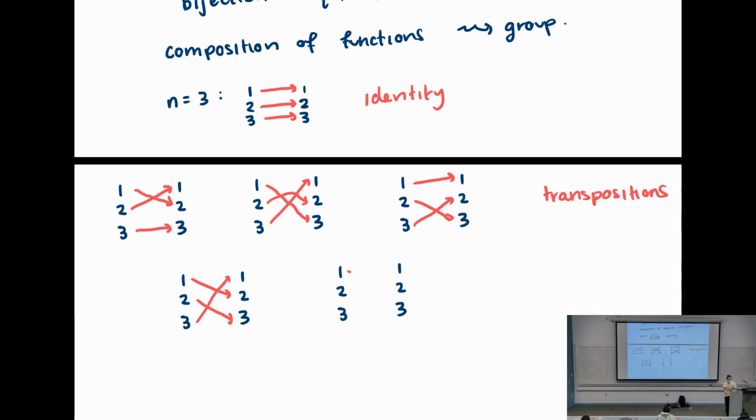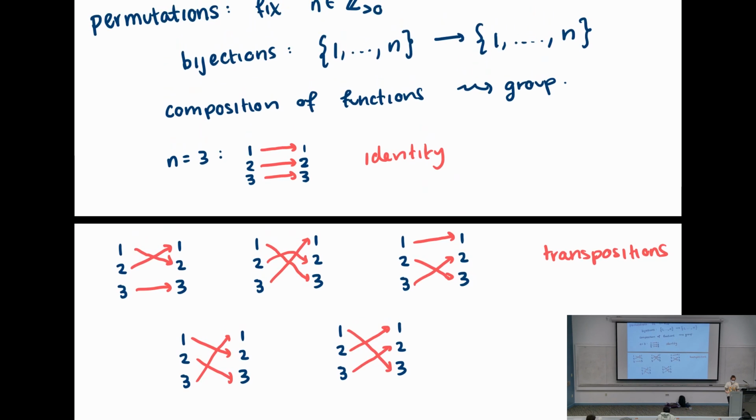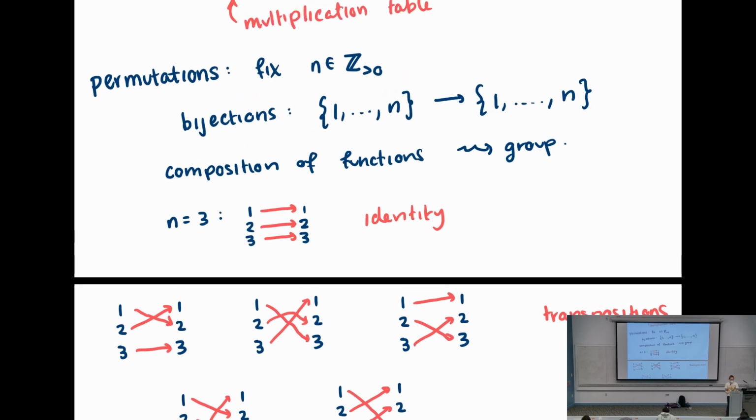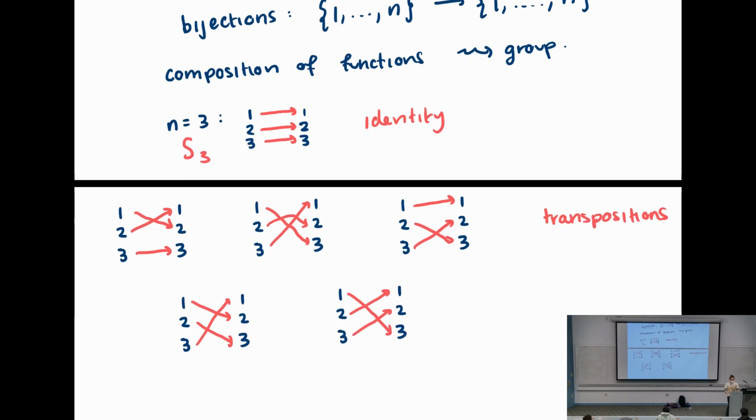Or I could do 1 to 3, 2 to 1, and 3 to 2. Okay, so those are the permutations on 3 elements. Usually the notation for this is S sub n. So this group is called S3, this 6-element group.